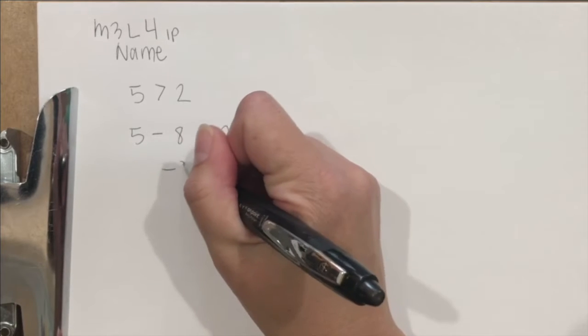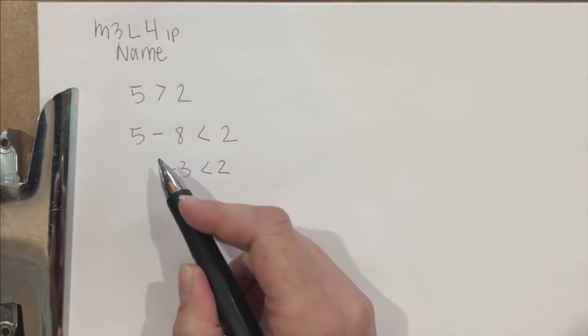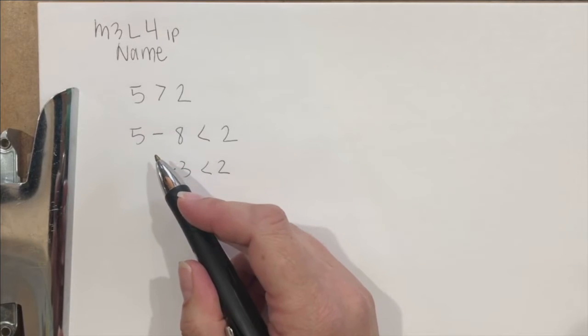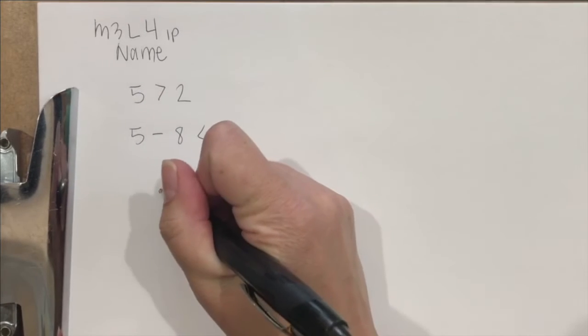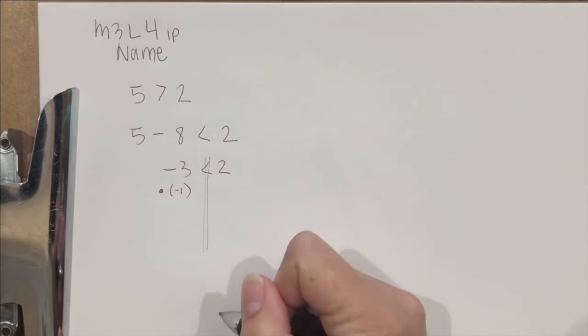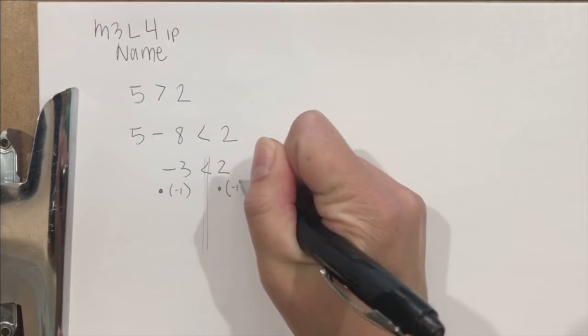So this would be -3 is less than 2. That's true. And I want to point out something. If you're going to multiply or divide by a -1, you are going to have to switch the sign. So watch this. If I multiply this side by -1, I'll put my double line here, kind of like solving equations, and I'm going to multiply this side by -1.